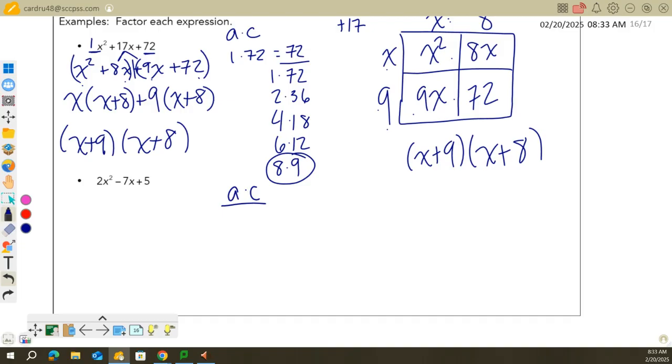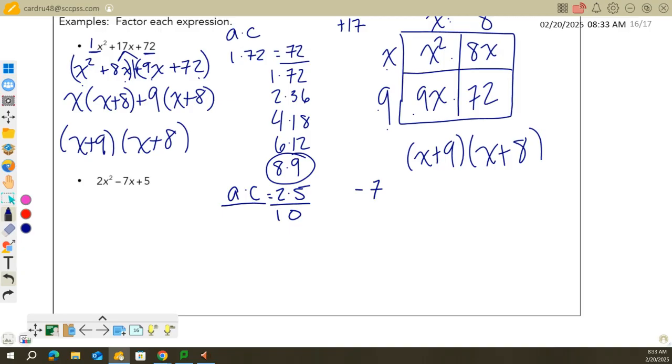So a times c is 2 times 5, which is 10. And I need it to add to a negative 7. Okay, so I want it to multiply to a positive 10, but add to a negative 7.